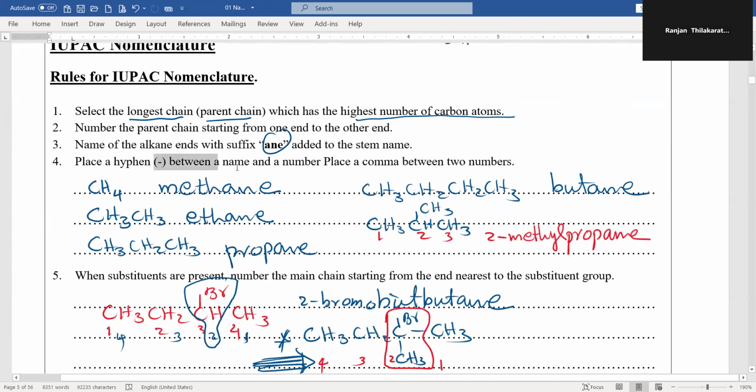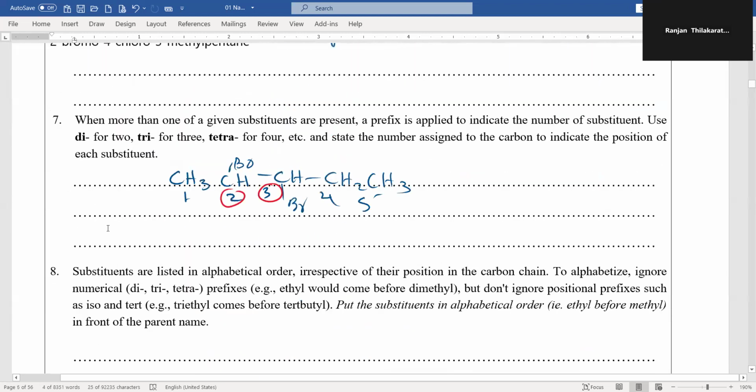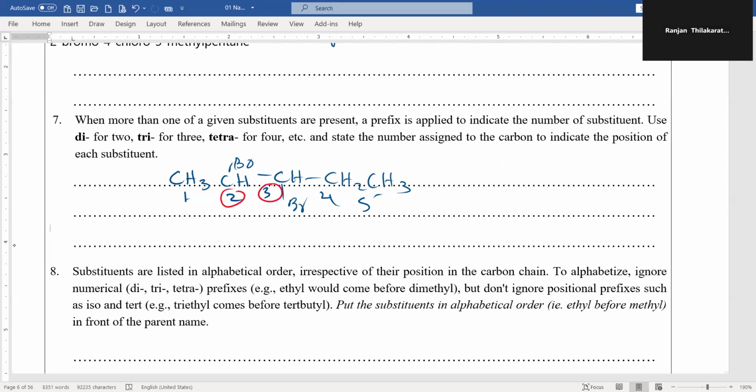Place a hyphen between the name and the number, and place a comma between two numbers. Now you have bromo twice. So we write 2, 3 hyphen 2, 3. Why?